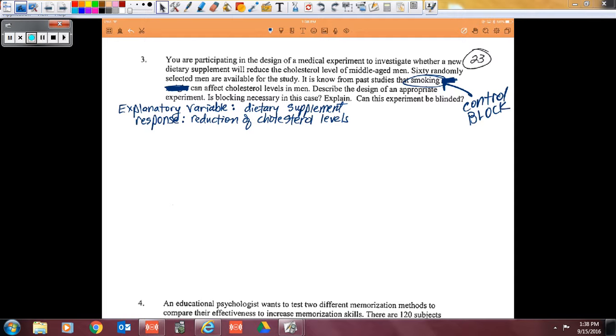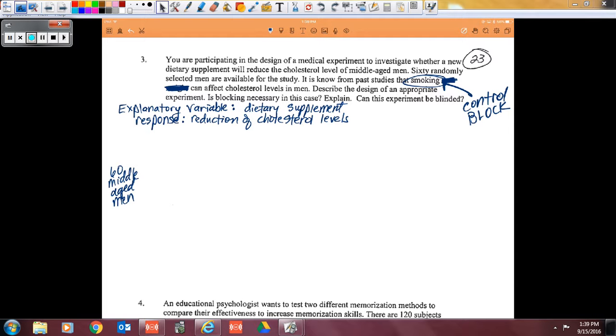Now, people, you do not always have to block. You can just purely randomly assign to the treatment groups if there's nothing that you need to control. But they specifically indicated, hey, watch out, we have a problem with smoking, so you need to control it. Therefore, your brain says, ding, ding, ding, I need to block. So what are we going to start with? 60 middle-aged men.